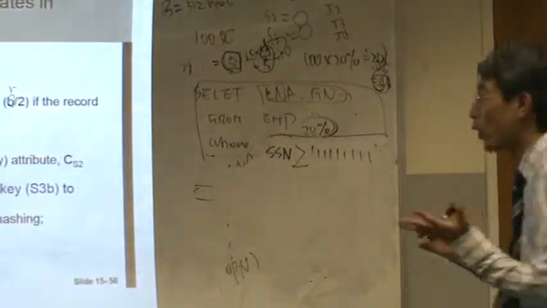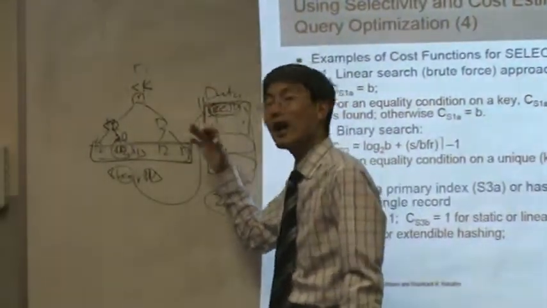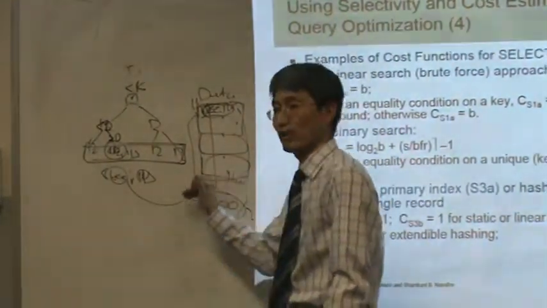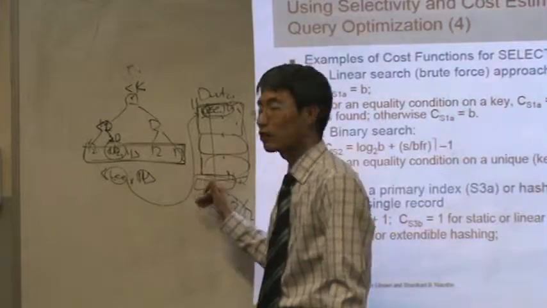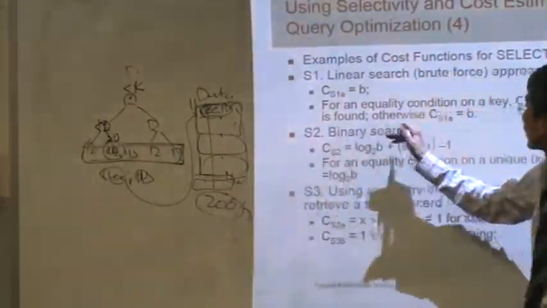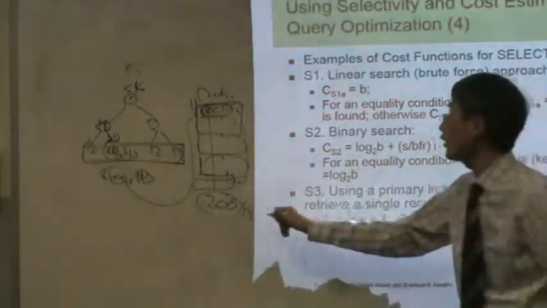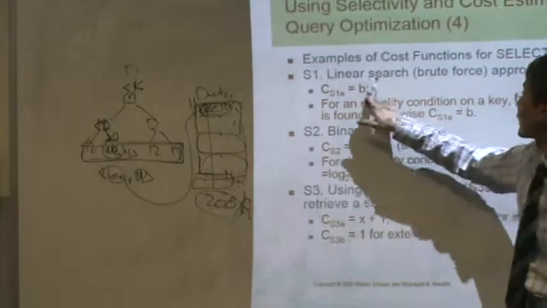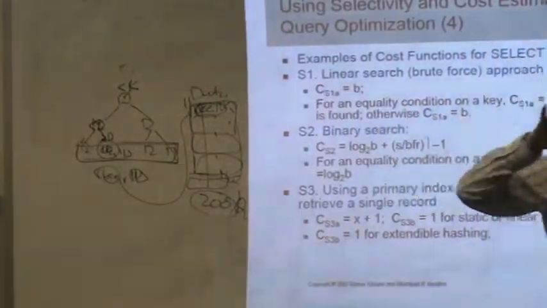We don't know. Even though you find 111 here, it's not ordered by it, right? You need to access up to the last one, always. So you need to access all blocks, all 200 blocks, that is the B. So you should be careful.